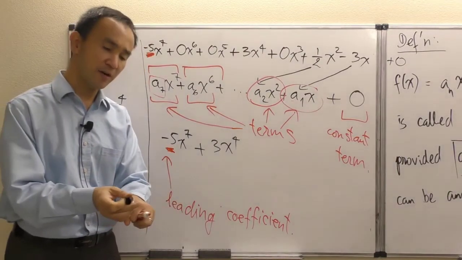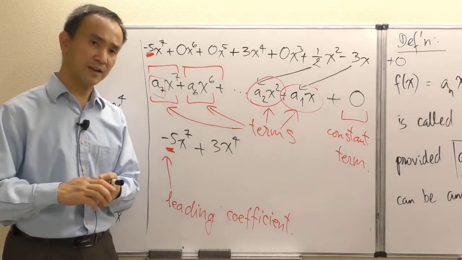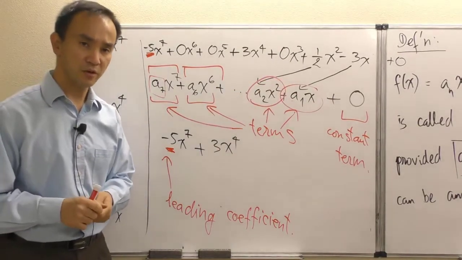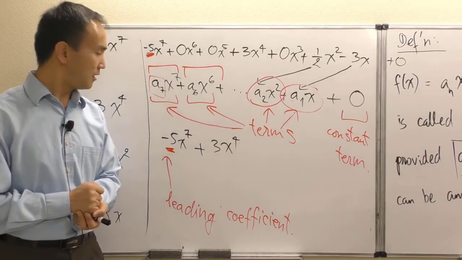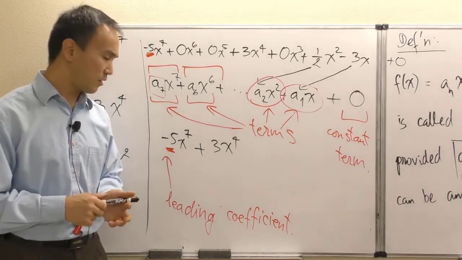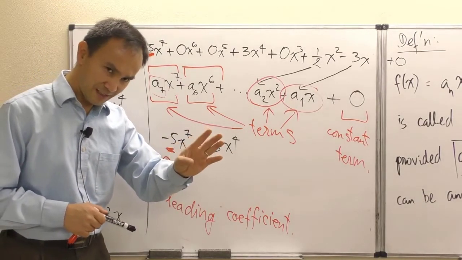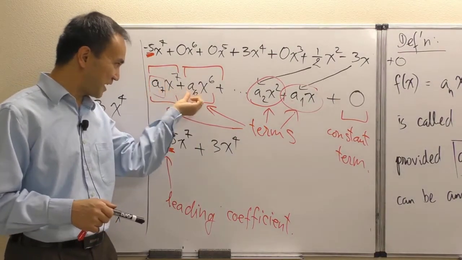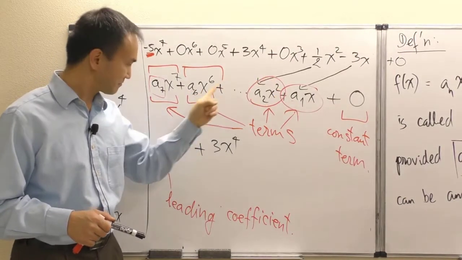Any polynomial has a constant term. It can be any real value. It can be a positive value. It can be a negative value. It can be zero, like in this case. But any polynomial has a constant term. All right, and I was talking about the leading coefficient. A coefficient is just that constant value multiplied in front of each of your terms.